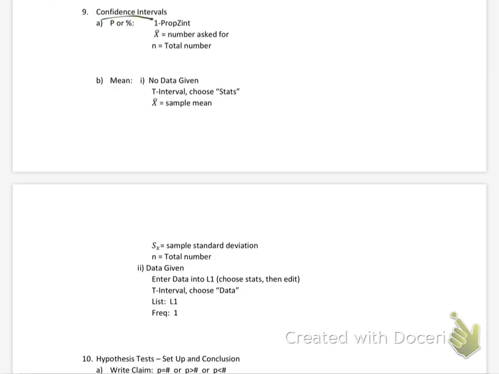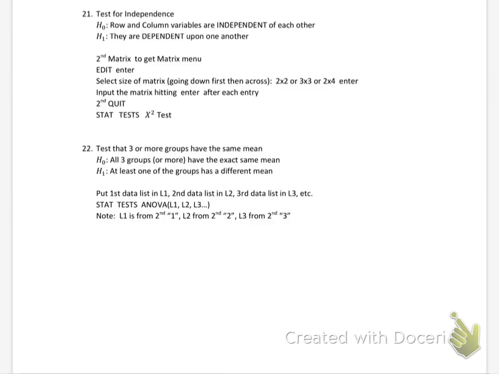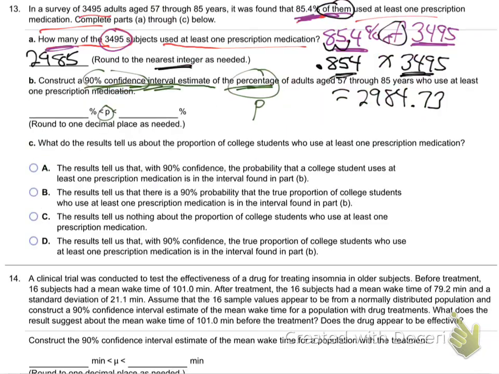Confidence interval for P or percentage. There's the steps to take. Number 9 on the final exam notes.